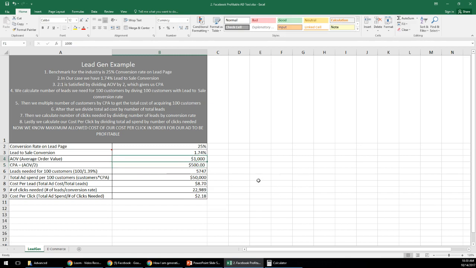So if our average order value of whatever it is that we're selling is $1,000, and we want to know what our cost per acquisition is, and we want to satisfy the requirement of having a 2-to-1 ratio in order to be profitable. Again, that's just for me. You can have your ratio being 1.5 to 1, 1.10 to 1. It all depends on what you consider being profitable.